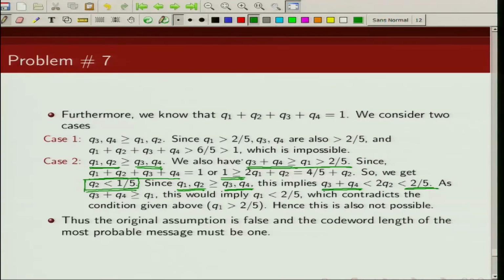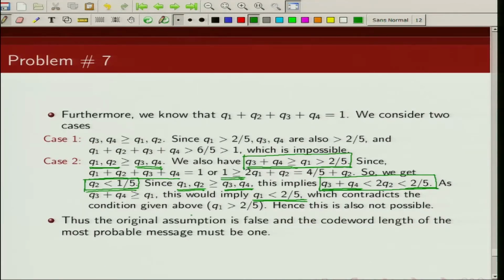However, we have also said Q3 plus Q4 is greater than Q1, which is greater than 2 by 5. But here we are getting Q3 plus Q4 is less than 2 by 5. So this is contradicting, because from here we are getting the condition that Q1 is less than 2 by 5, but we are given that Q1 has probability greater than 2 by 5.